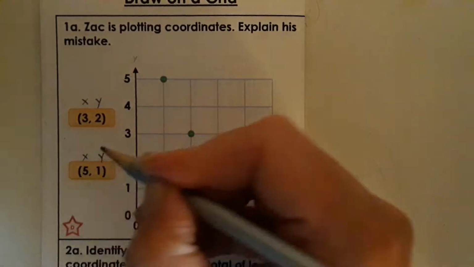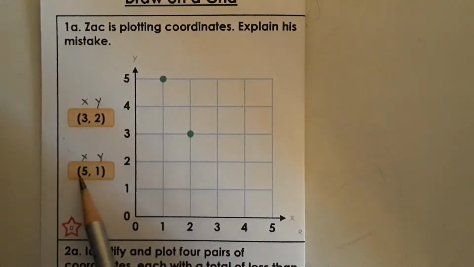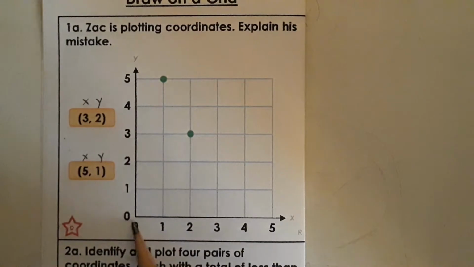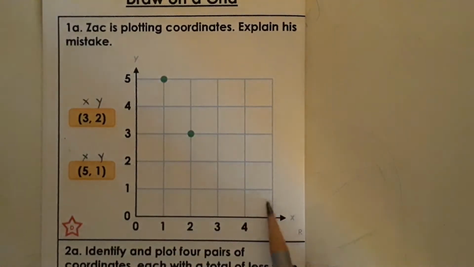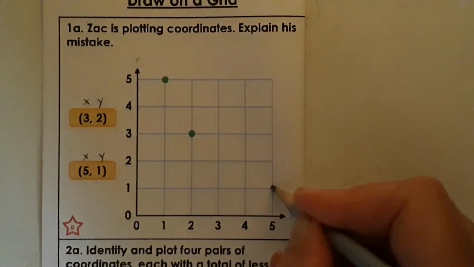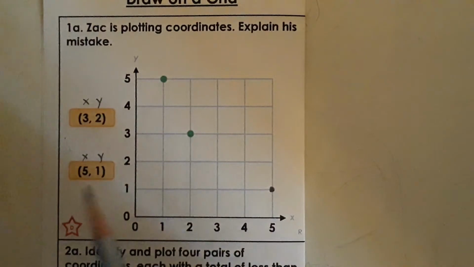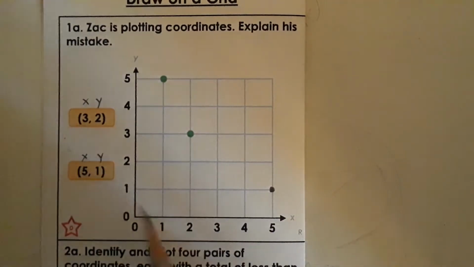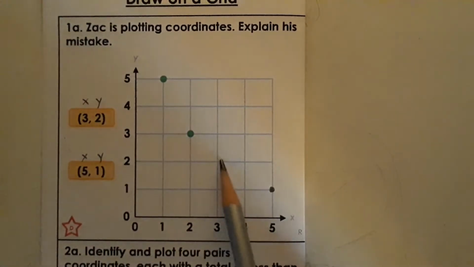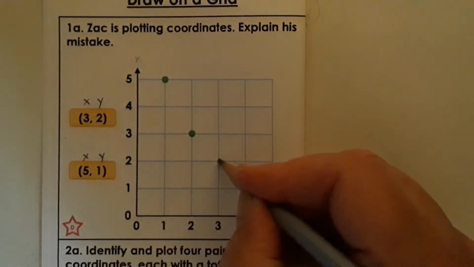So if we look at 5, 1, come along 5 and up 1, there should be a point here. And 3, 2, go along 3, up 2, there should be a point there.